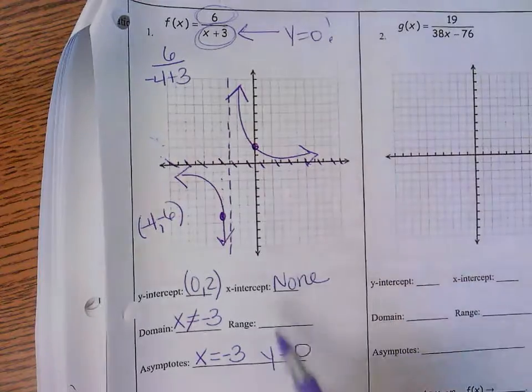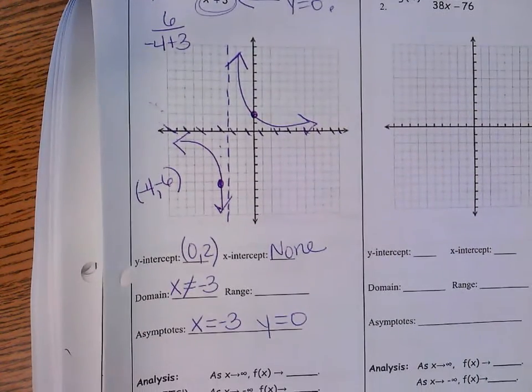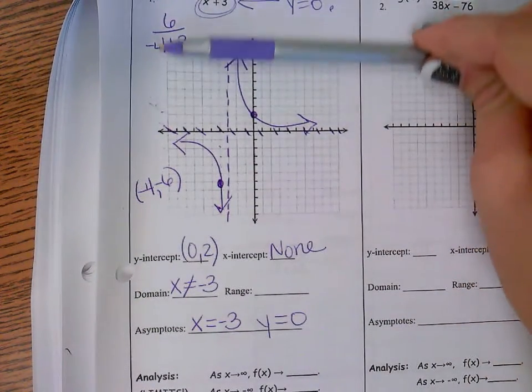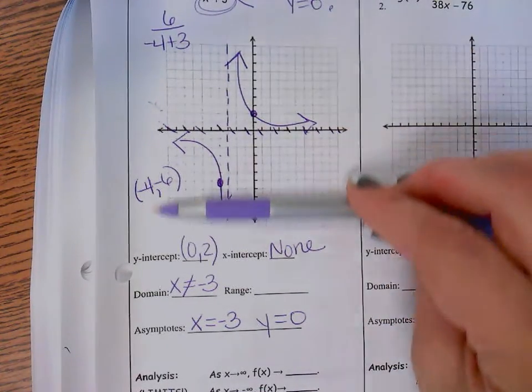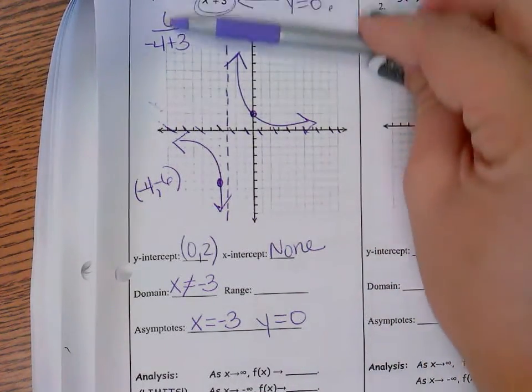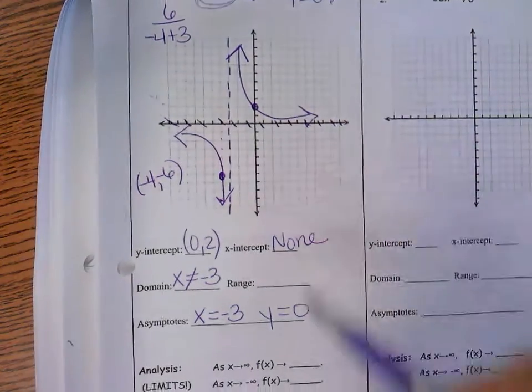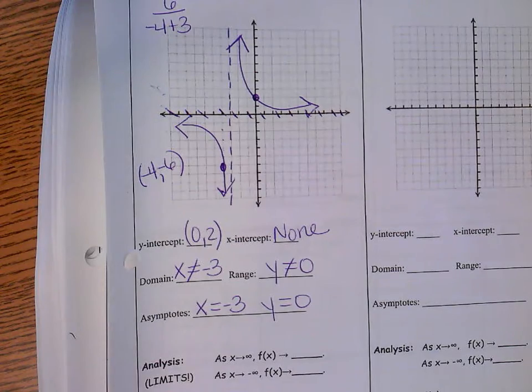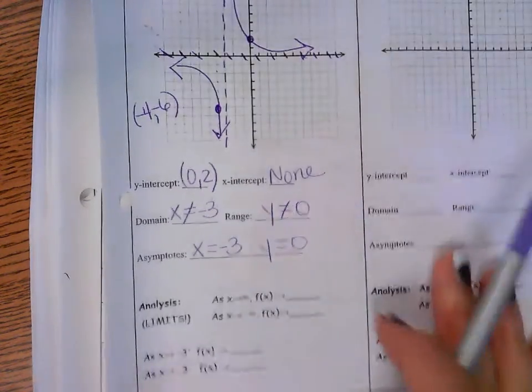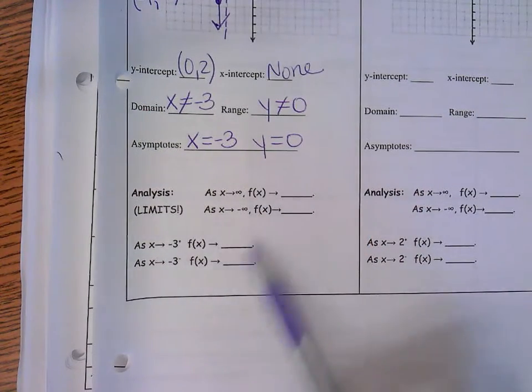All right, what's the range of this function? As I skim it up and down, what is my only y value that I can't have? I can't have 0, right? So my range is y can never be 0. And then they threw in at the bottom here a limit analysis. So this is just an introduction to some notation you'll see this year.